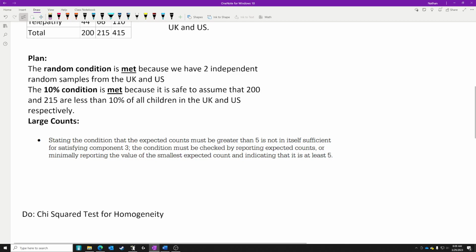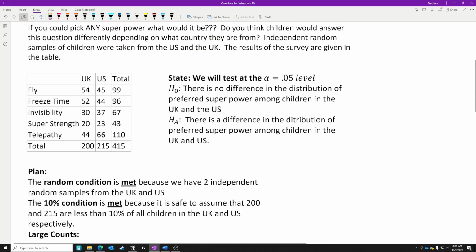Well, you could do it by hand. So if I take a look at this, the smallest expected count, well, 200 is the smallest population, and then the smallest total is 43, which means my smallest expected count will be right here.